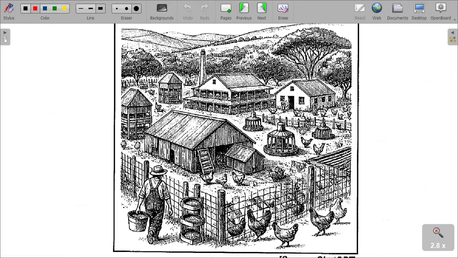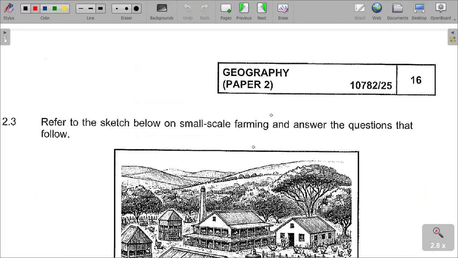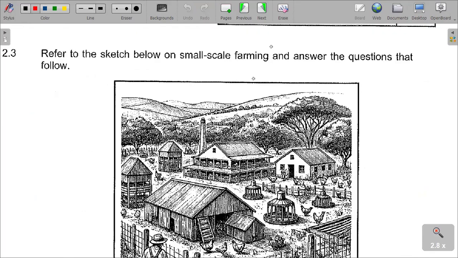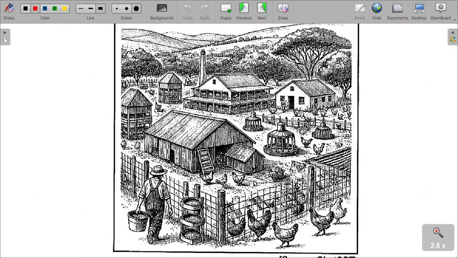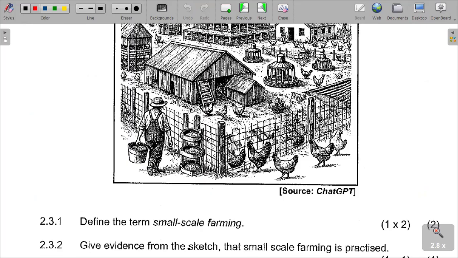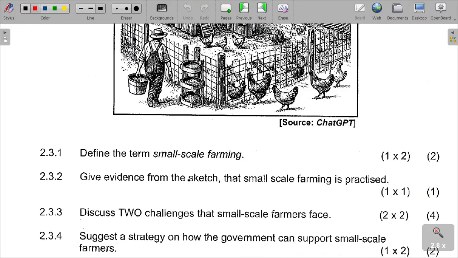We are given small scale farming and we answer the questions that follow. We have chickens, poultry, and so forth. The question wants you to define small scale farming.